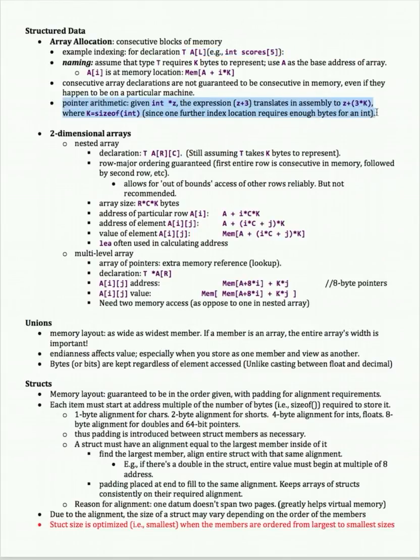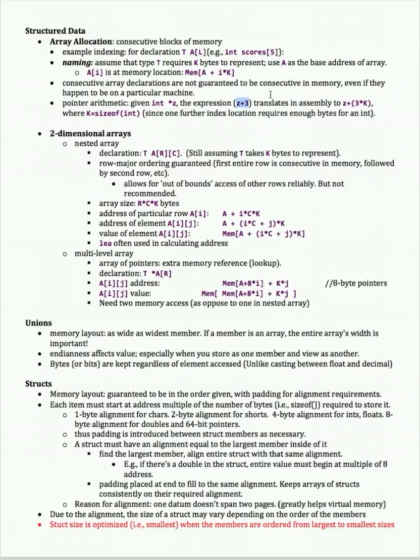Compared to C, in assembly, everything is accessed in bytes. In pointer arithmetic, if we want to access the third element in the array, what we did was Z plus 3, assuming that Z has the address of the beginning of the array.